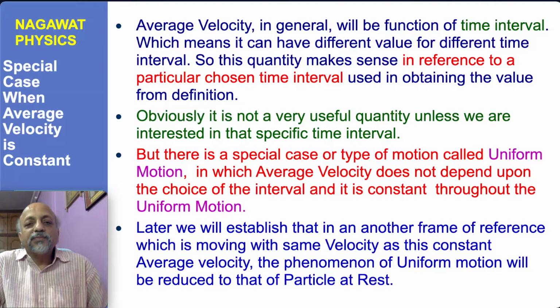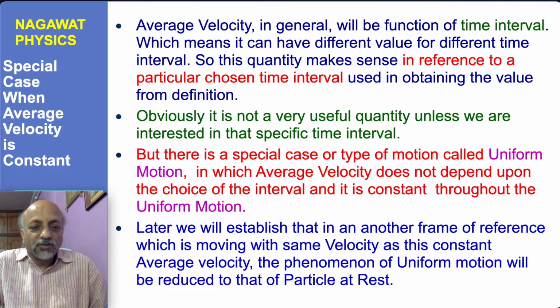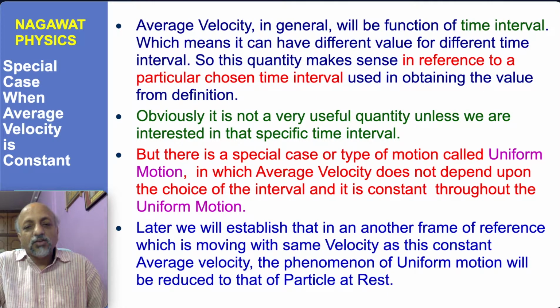And that is why we realize this quantity is not very useful, because there are infinite possible time intervals. I can choose Ti from any instant t, and similarly Tf from any instant of time, so infinite time intervals are possible, and for each the value may be different. In that situation this quantity would not be very useful.